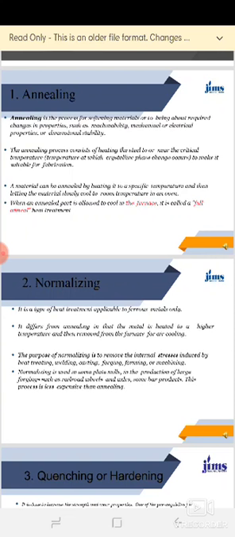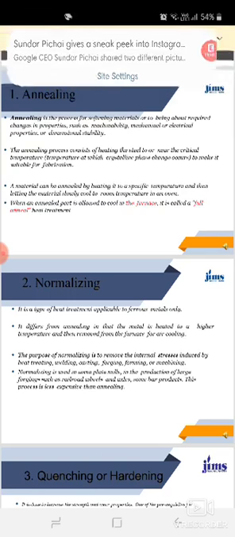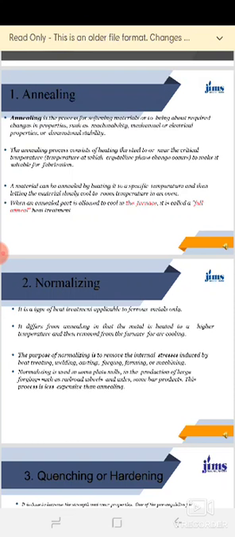In the annealing process, we heat it to a certain temperature, and after heating we cool it in various media like water, oil solution, brine solution, and so on. But in normalizing, we cool it at atmospheric temperature, like 25 degrees centigrade, which is the normal atmospheric room temperature.